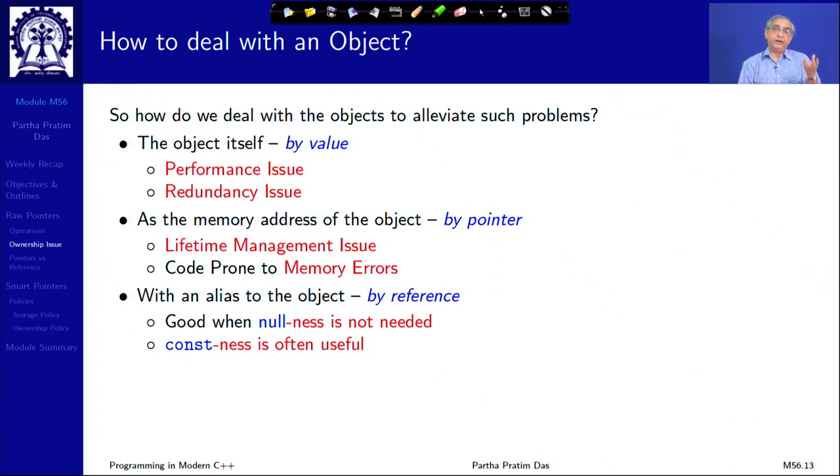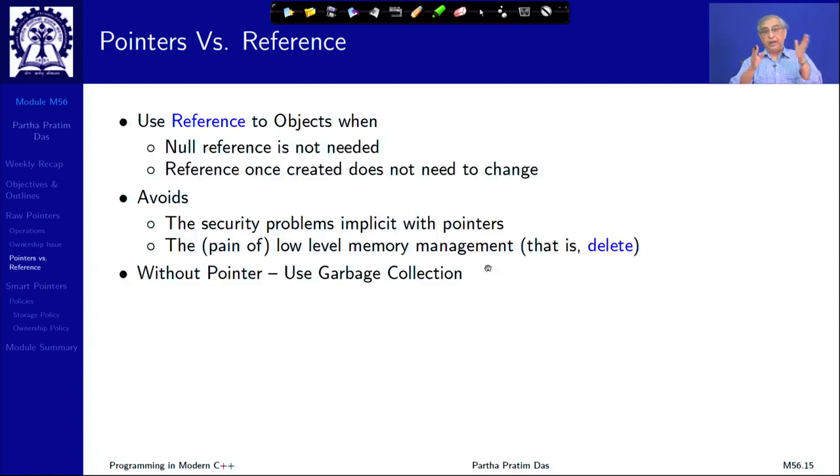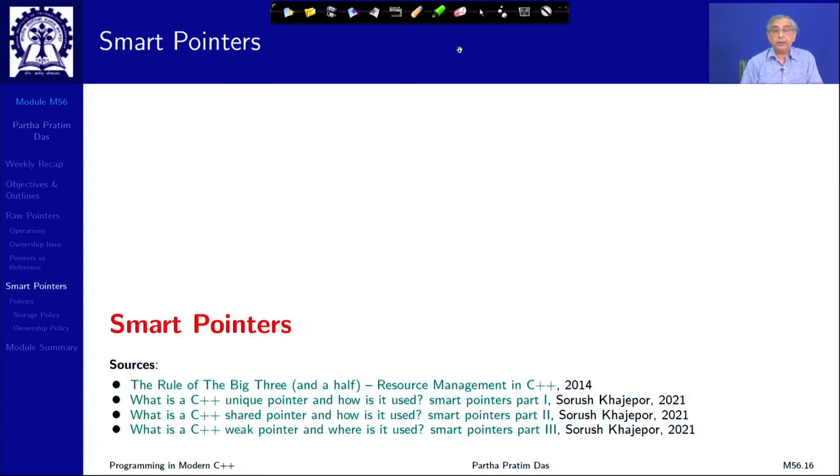If you try to do it by reference, then you can do it only in some limited contexts, when nullness is not needed or constness is very useful. So, if we compare reference and pointer, we can use reference when a null reference is not really required, but in many places you cannot use a reference to build a link, and once created, it does not need to change. That is the reason you cannot build a linked data structure with reference; it has to be a pointer. So, these are some of the problems with the pointers that we have.